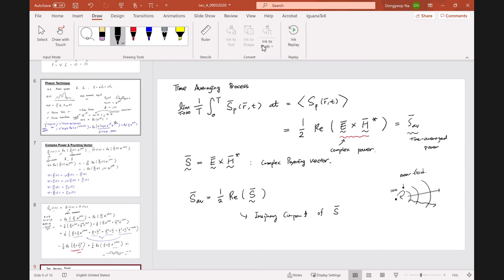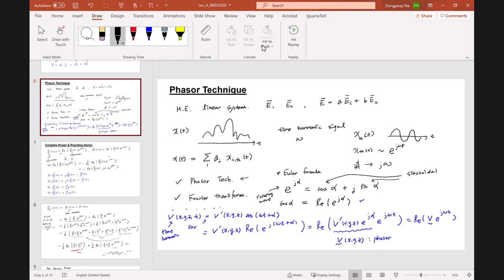Referring to this equation, when we consider the field being time harmonic, we consider it to follow the cosine law, going along the cosine. Why not the sine?